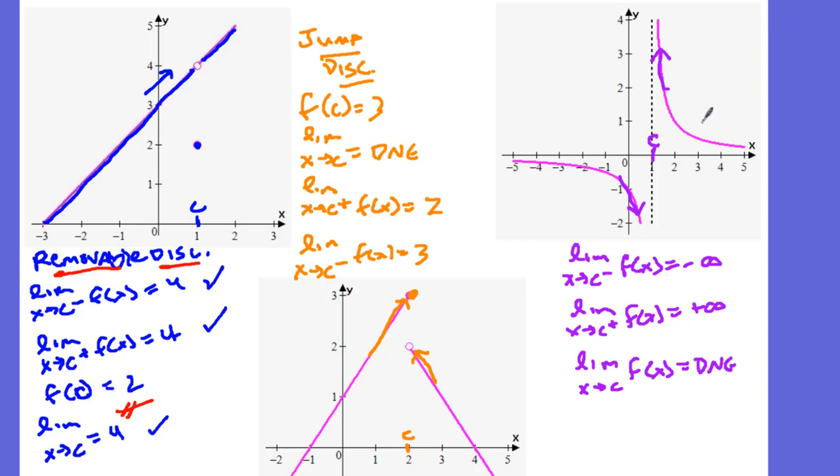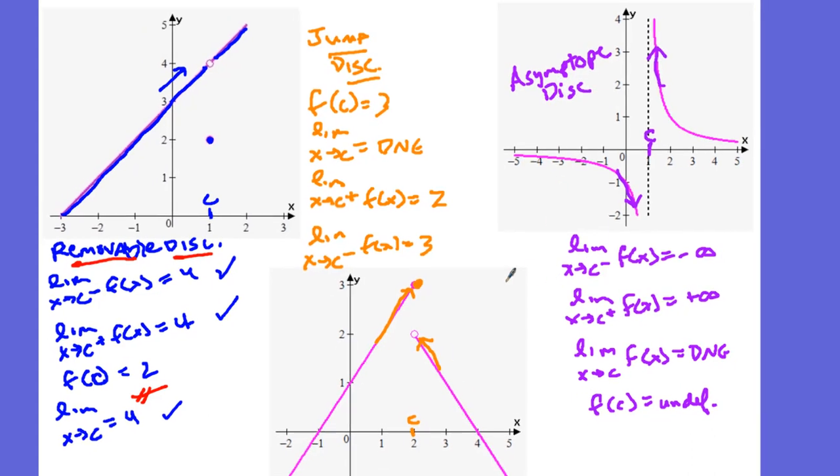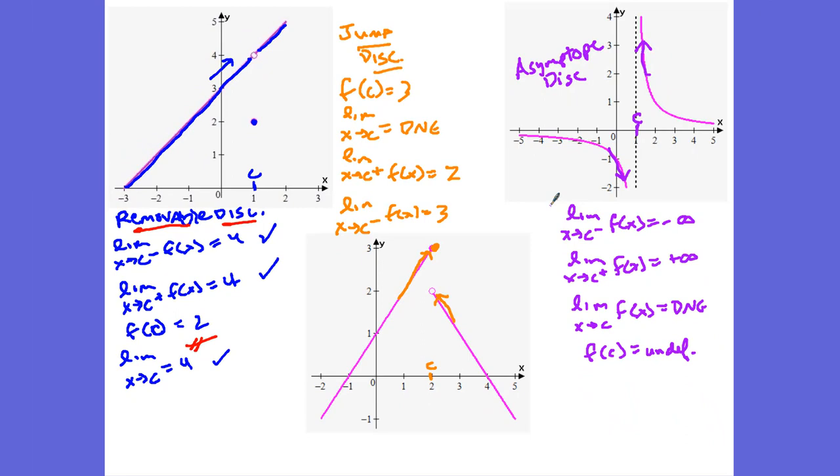Another thing is f of c is undefined. We have an asymptote here, and of course we call this an asymptote discontinuity. So we have three main types of discontinuity: a removable discontinuity, a jump discontinuity, and an asymptote discontinuity.